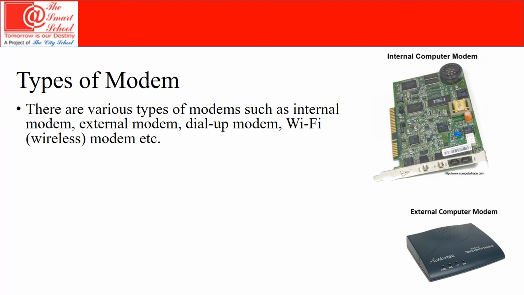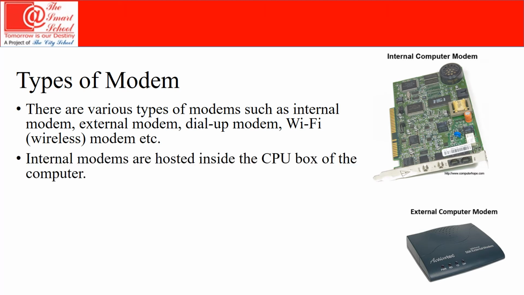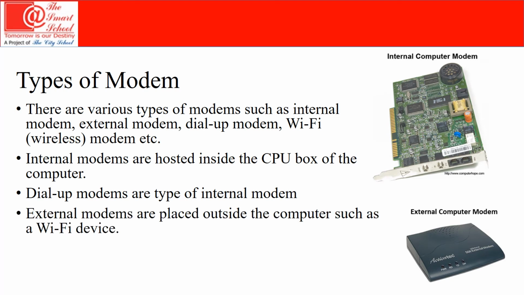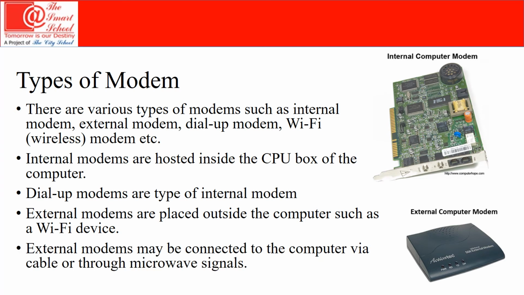Dial-up modem and Wi-Fi modem are also examples of types of modem. Internal modems are hosted inside the CPU box of the computer. Dial-up modems are types of internal modem. External modems are placed outside the computer, such as a Wi-Fi device. External modems may be connected to the computer via cable or through microwave signals.